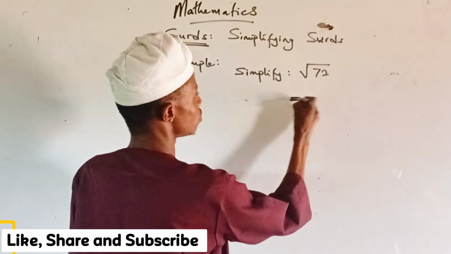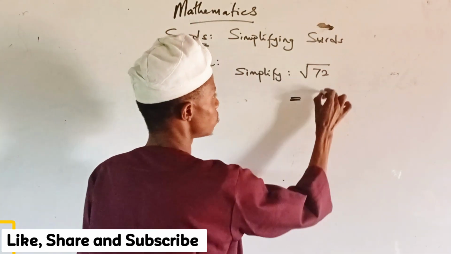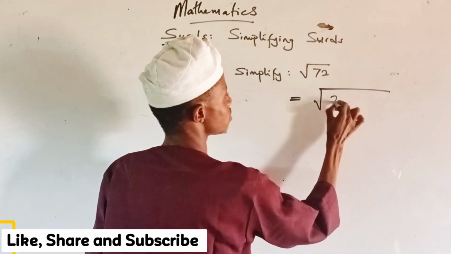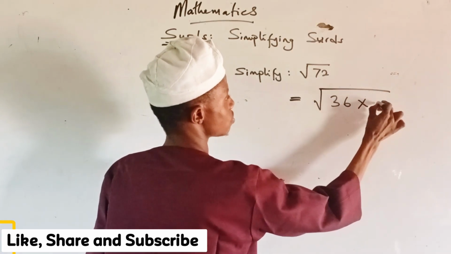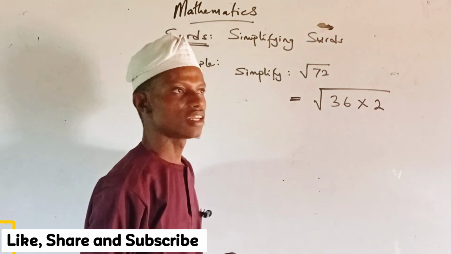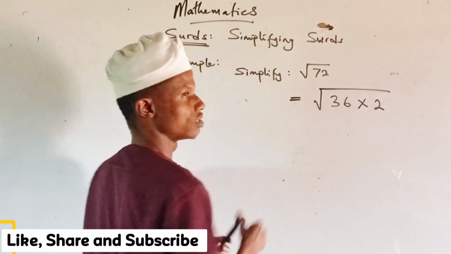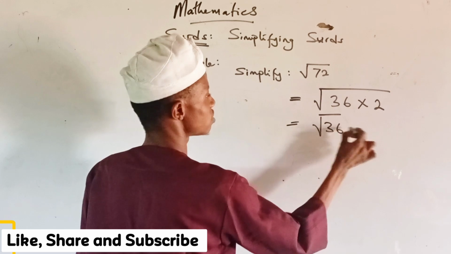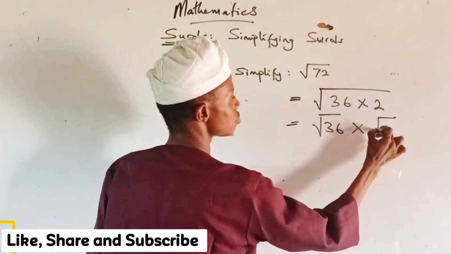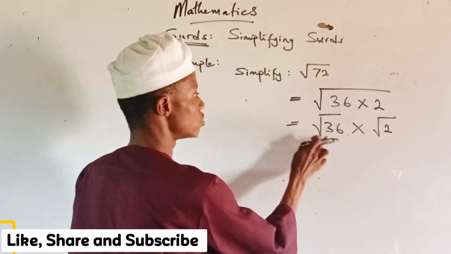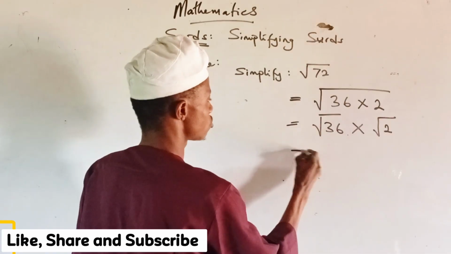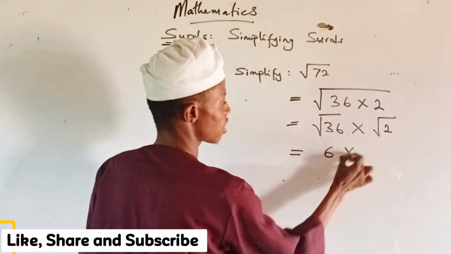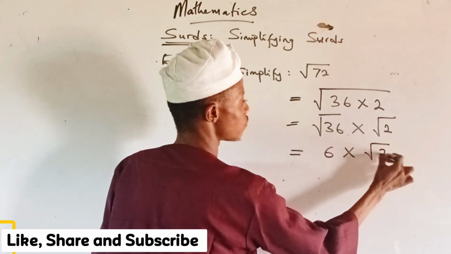So root of 72 will now become the root of 36 times 2. Then I'm going to separate the roots. So I'm going to have root of 36 times root of 2. Right? Root of 36 is 6. So my result is 6 times the root of 2.